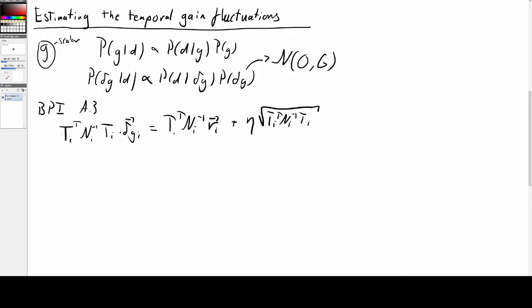And this, with the introduction of a prior with this form, changes into this equation. So we have this prior covariance matrix plus the old term. So this will also be specific to each detector.